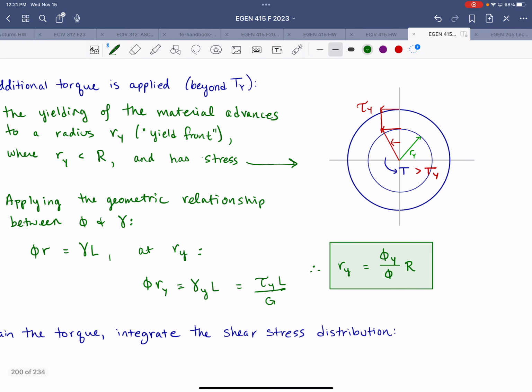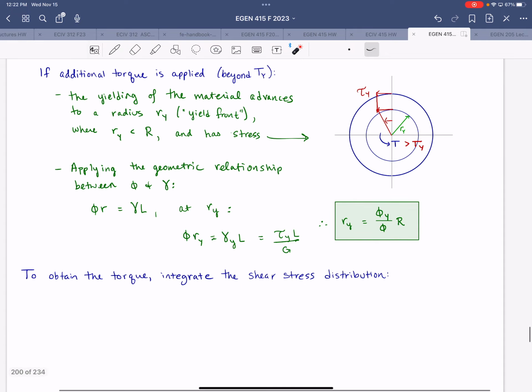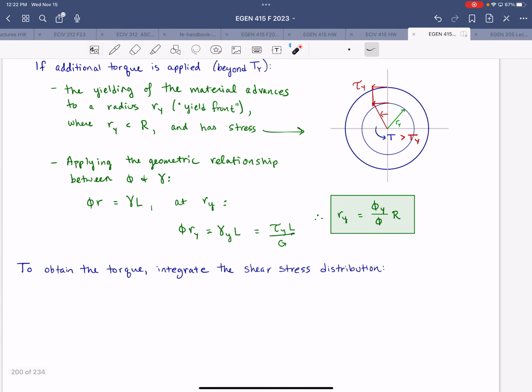So this represents the relationship between the yield radius, Ry, and the angle of twist. And this is based on this specific condition, where the angle of twist is greater than the onset of yield angle of twist, and the torque is greater than the onset of yield torque. So I'll just note that: this is for phi greater than the yield phi and torque greater than the yield torque.